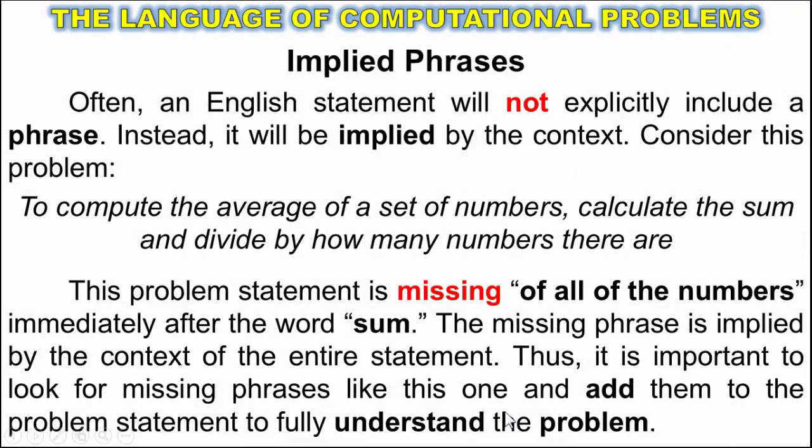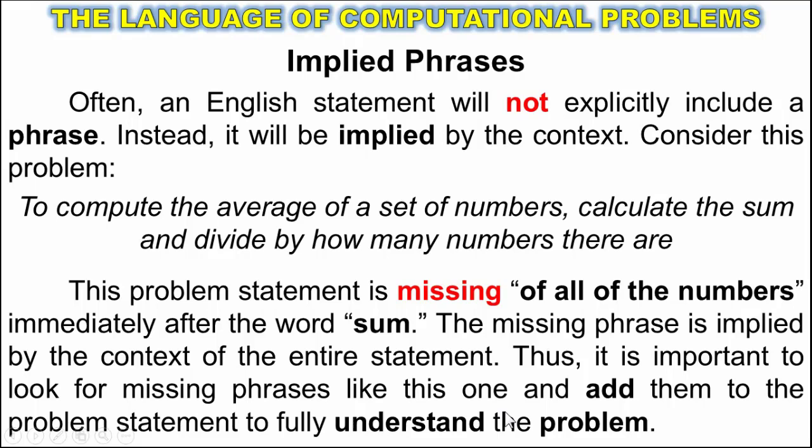Often, an English statement will not explicitly include a phrase. Instead, it will be implied by the context. Consider this problem. To compute the average of a set of numbers, calculate the sum and divide by how many numbers there are.